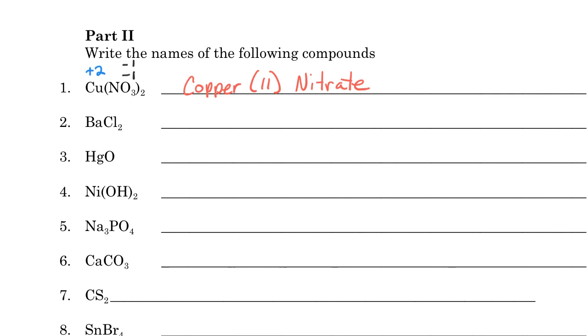Now I'm going to go ahead and do the next one. I've got chlorine. Actually, this is an easy one because it does not have a transition metal in it. So I don't even have to figure out the charges. This is going to be barium chloride.